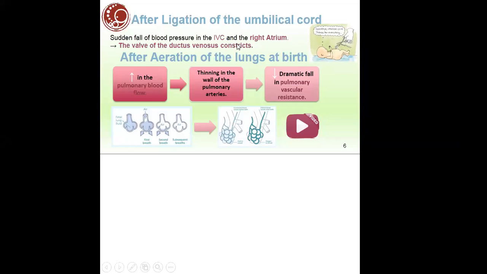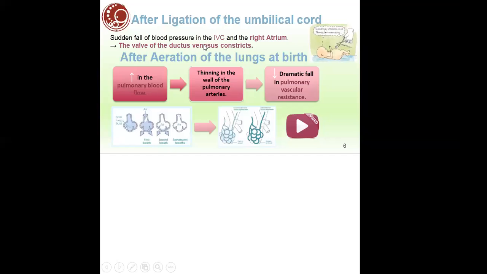It is said that there is definitely a valvular, what they call, sphincter mechanism in the ductus venosus, but not anatomical, physiological. As soon as changes occur in the blood pressure, for example, there is contraction of the uterine vessel, so blood will increase.